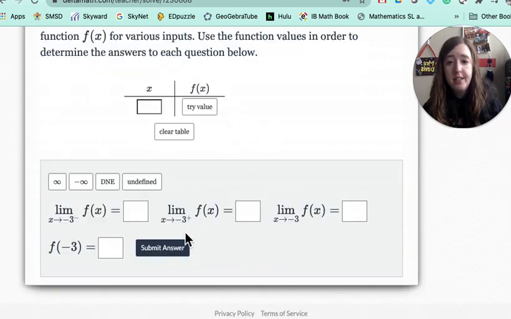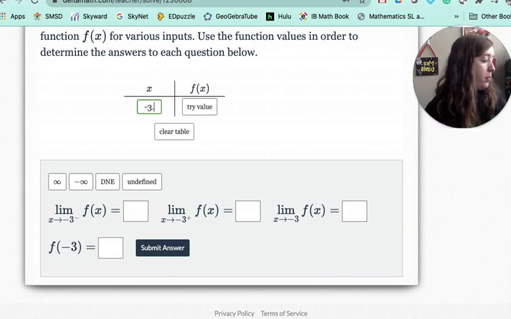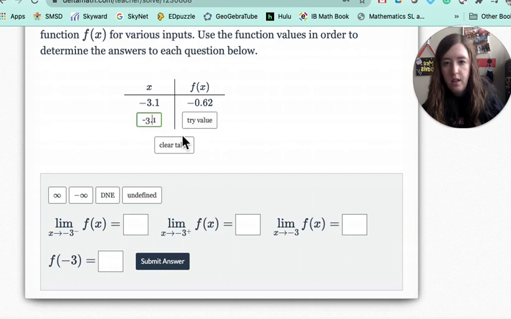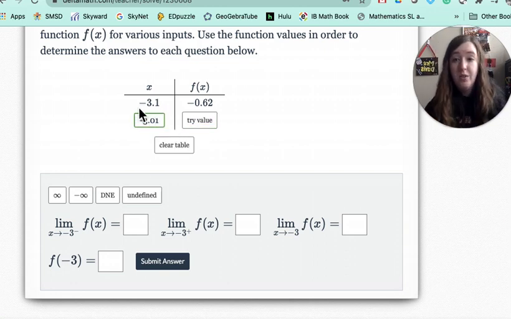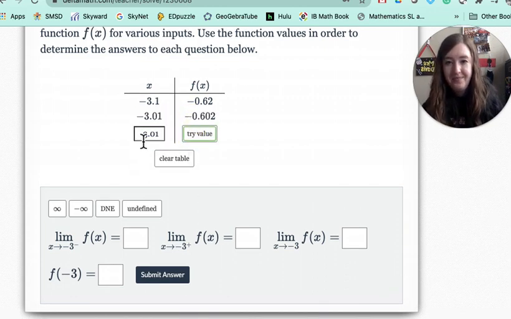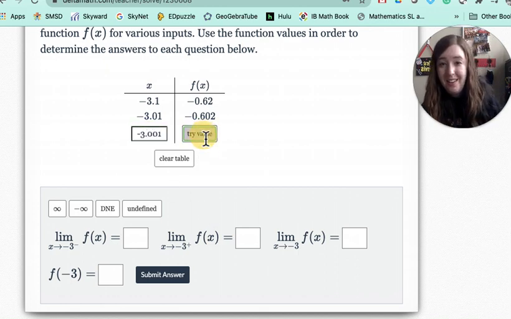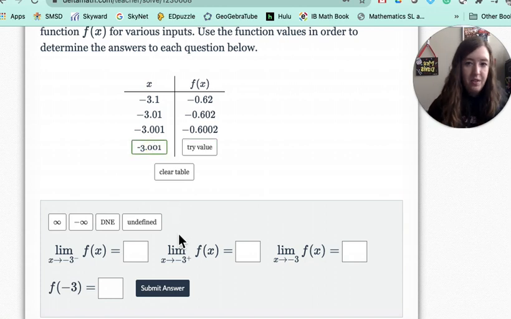Same idea is going on here. We're looking at from -3 on the left side. So that would be like -3.1, -3.01, -3.001, throw in another 0.